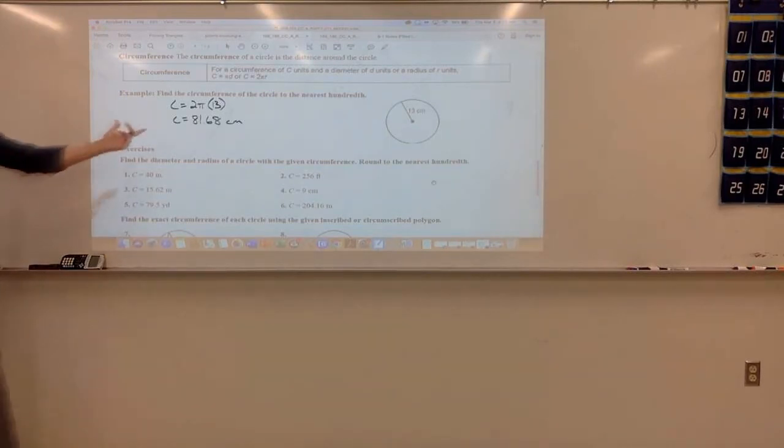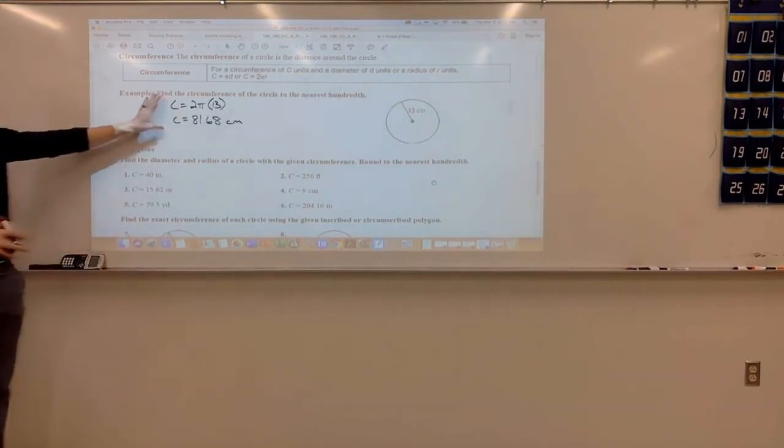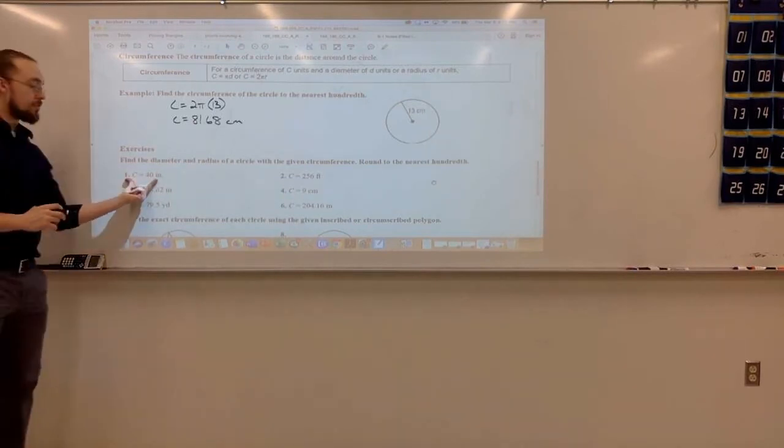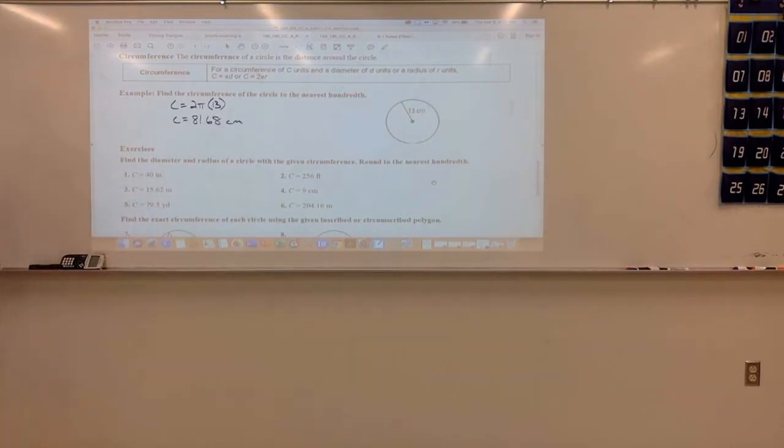All right, so that's the basic idea for finding circumference. This is stuff you've done in middle school before, just plugging numbers into the circumference formula. So let's go backwards now. Given the circumference, what's the radius and the diameter?